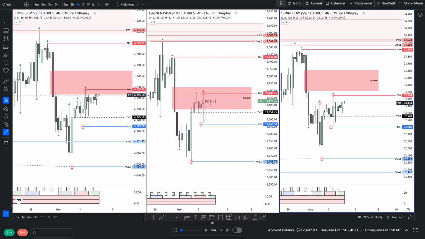Still daily and weekly are bearish. Therefore, we know that any move is counter. Any move higher is counter, and therefore we've got to exercise a level of caution.